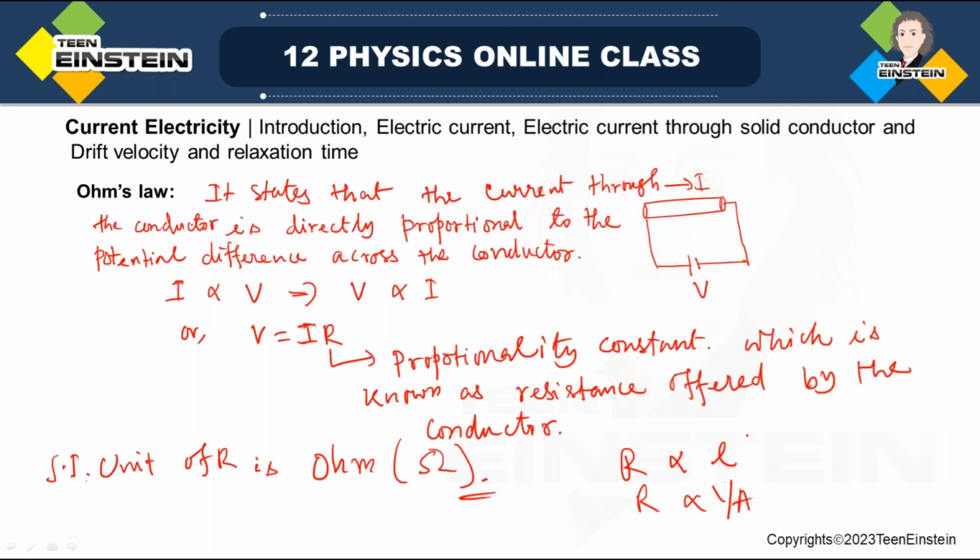What I'm trying to say today, let me demonstrate. We can see here a linear relationship between voltage and current: V is equal to IR.